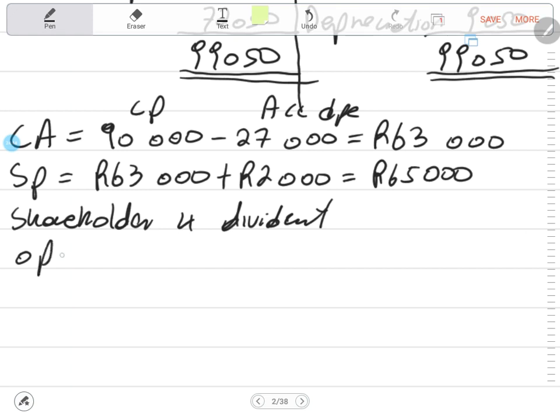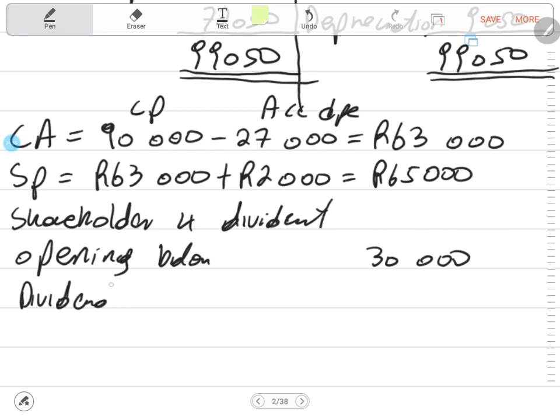We get to have the opening balance. That is how you write a note. Opening balance 30,000 rands. Then we have dividends declared, 35,000 rands.